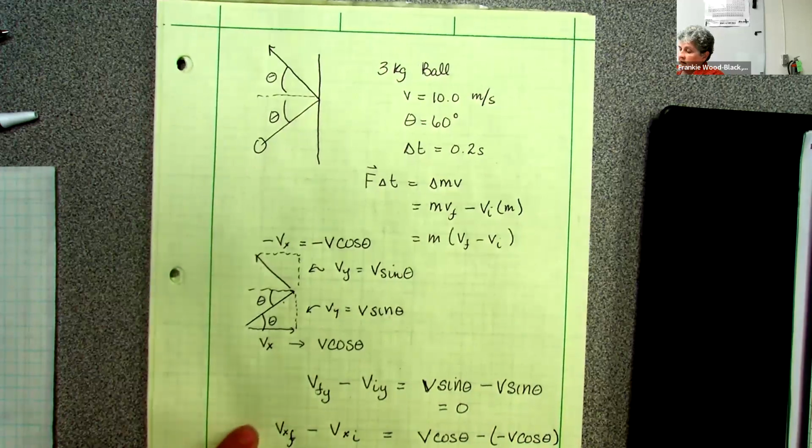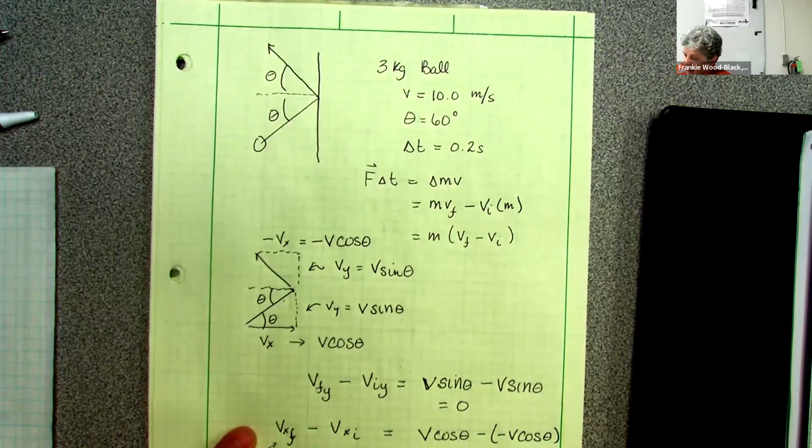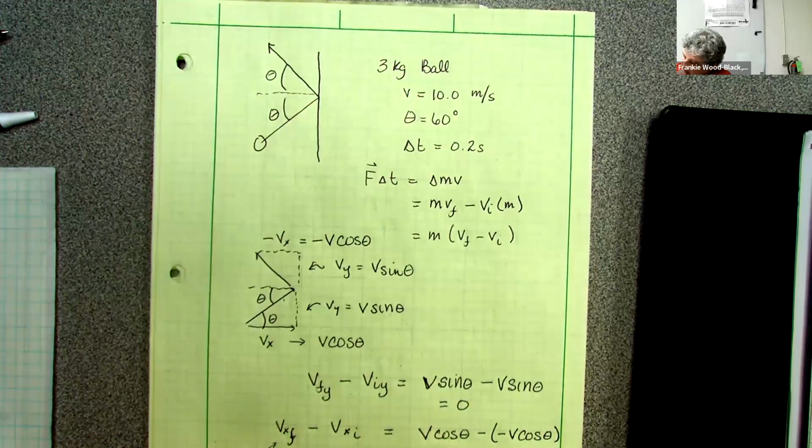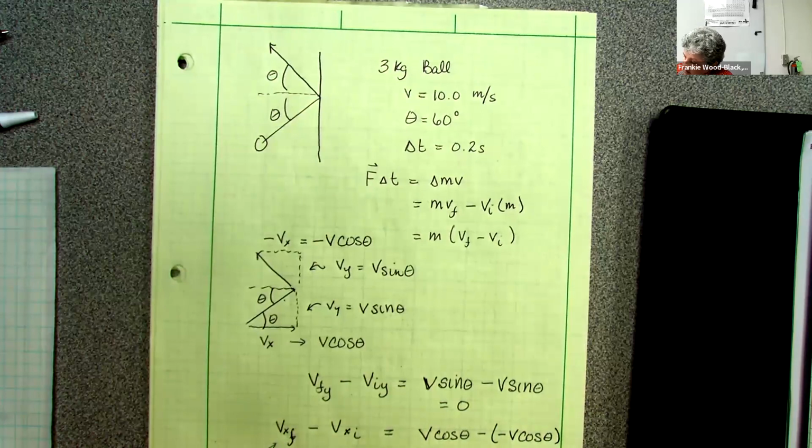So I'm only going to end up worrying about the x component, and my force is going to be in the x direction, which will be the mass divided by the time. And I'm going to get a 3 divided by my 0.2 seconds times my 2 times my velocity, and my velocity was 10 meters per second. And this is in kilograms. And then I've got the cosine of 60 degrees.